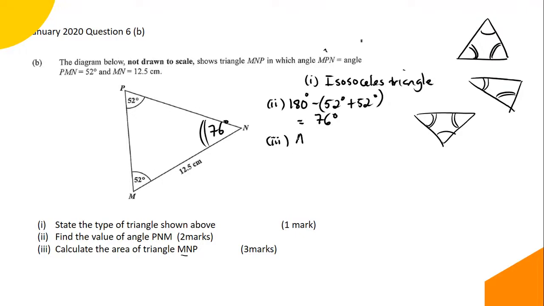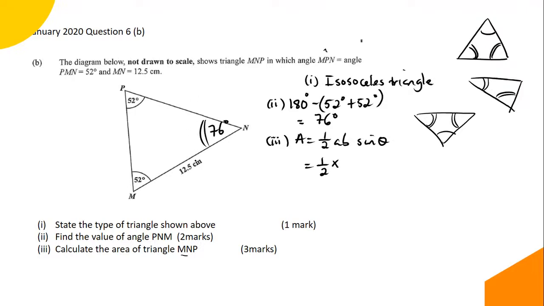So we're going to use the next formula, which is a half ab sine theta. Now a and b are the two lengths where theta is between. So let's say we are using theta as 76. All right, a and b would be these two lengths here.